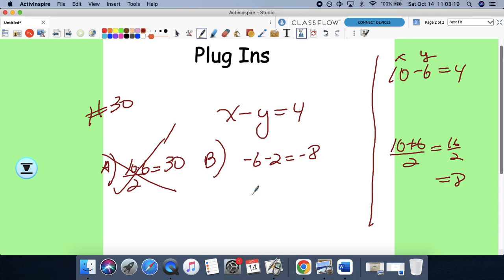That doesn't seem to work. 10 minus 6 equals 4, so that's x and that's y. C, sorry, let me do C. X plus y, so x is 10, and hopefully you already saw my mistake, but I'm going to continue.